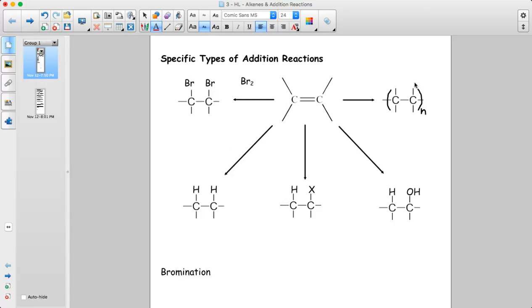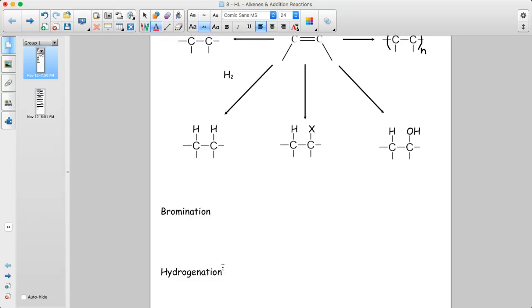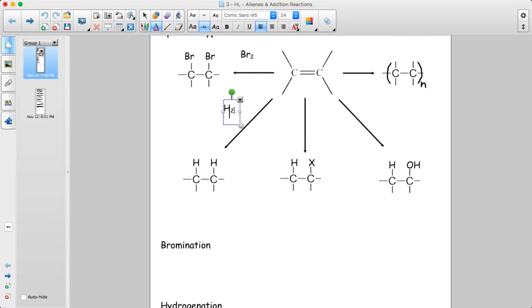I'll come back to the uses of these in a moment. If we add H2, then we call it hydrogenation. The special condition needed in this is a nickel catalyst, and heat is also needed.